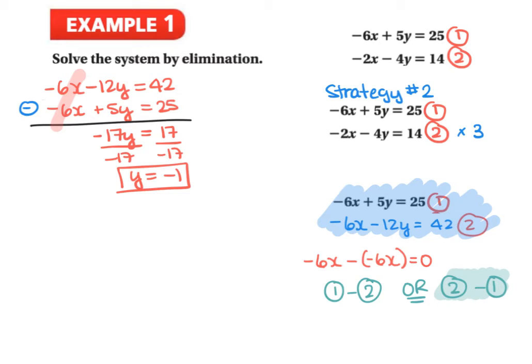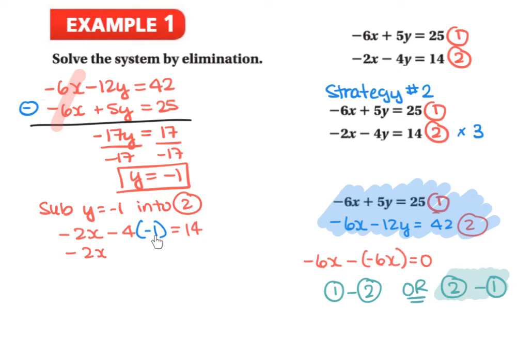So I've got sub y is equal to negative 1 into my equation 2. So negative 2x minus 4, and instead of y, I'm going to have negative 1, and that's equal to 14. So I've got negative 2x. Now here is a little part we have to keep in mind.